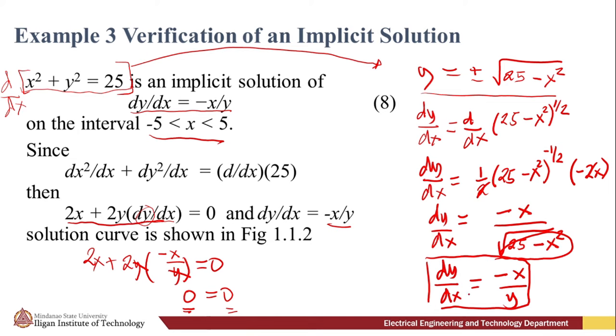Hence, we arrive at this: dy over dx is just equal to negative x over y. We substitute it back to this differential equation here, which is dy over dx equals negative x over y. So the left-hand side and the right-hand side are equal. Hence, this explicit form of the function, x squared plus y squared equals 25, is the solution for the differential equation.